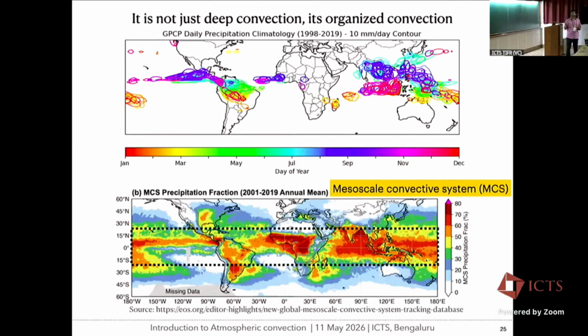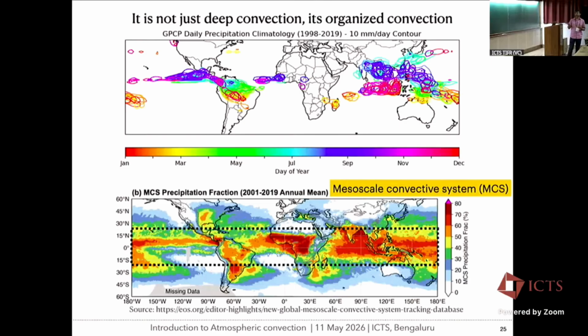The reddish contours will be in the southern hemisphere when the sun is towards the southern hemisphere. As you progress in the year, the greenish, yellowish, and cyan colors we can see over India, because that's when the monsoon starts happening.